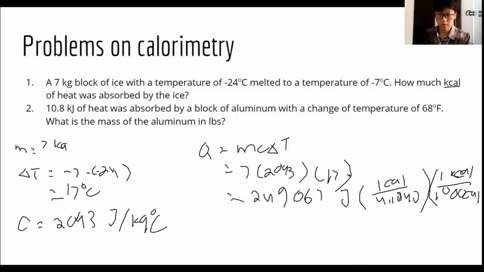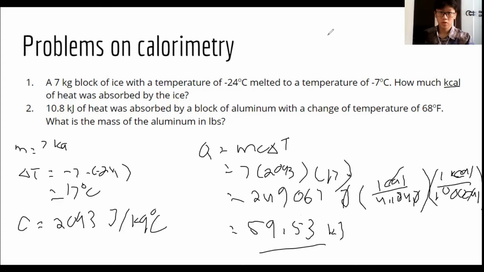Sorry for the writing. Here we can cancel joule with joule and calorie with calorie, so we will be left with kilocalories. If we input this all in a calculator, we will get 59.53 kilocalories, and this is rounded.